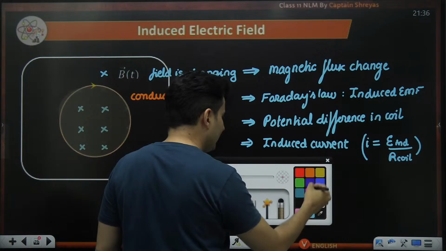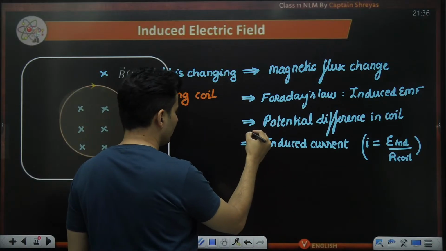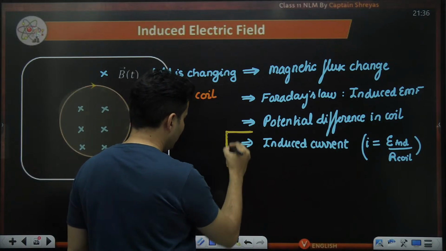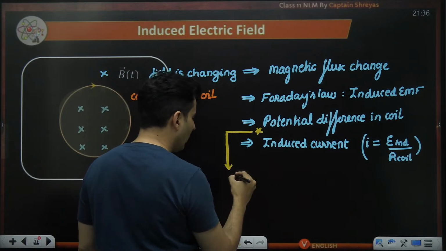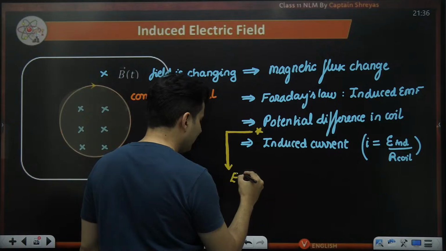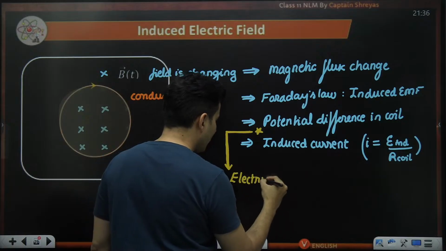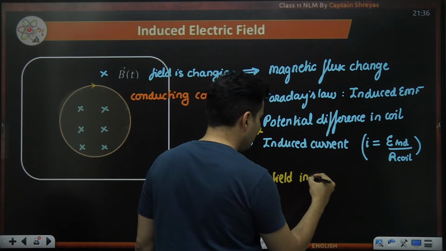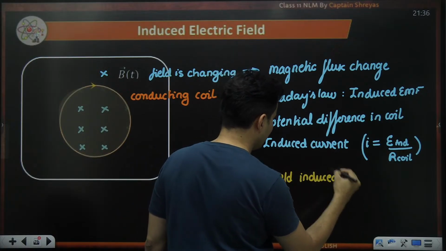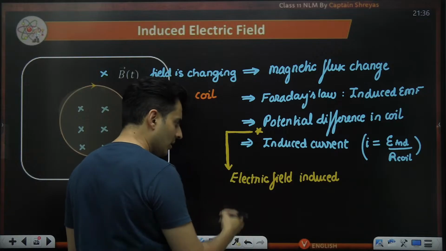So I can definitely conclude there is a missing step over here: there was an electric field which was induced, because EMF is induced, so a field is also induced.